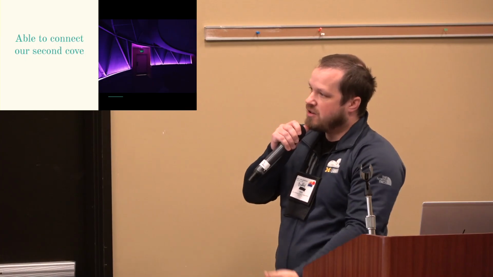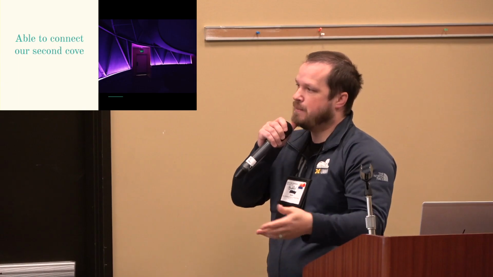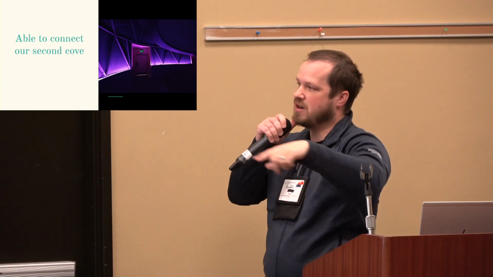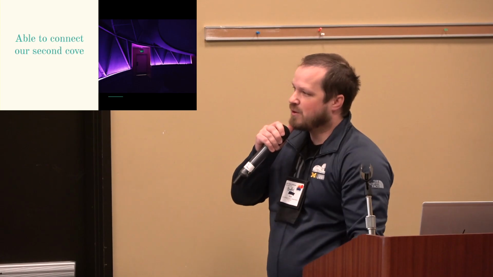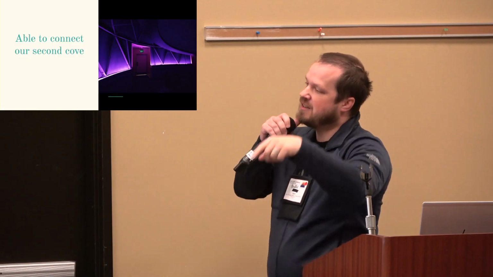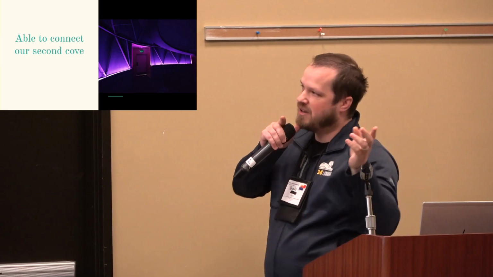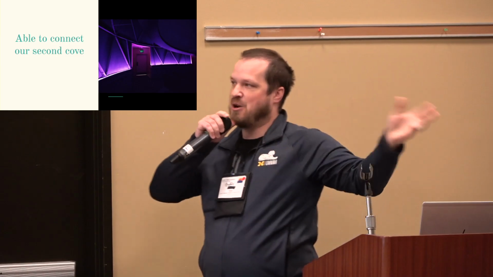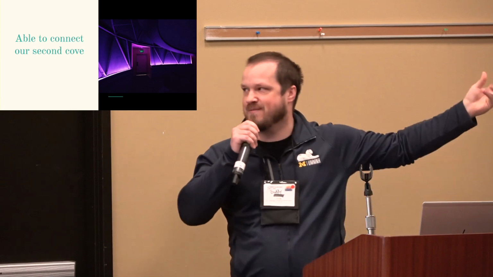They had installed about $20,000 worth of LED lights, but before my time, something about that particular aspect of the project fell through, and they never connected the lights to the system. So I had these great lights but couldn't use them because they weren't hooked up. I was able to connect that second cove to my lighting software. And so now I have independent control of two different coves in my dome, which adds a lot of fun little effect because no one expects the lights to come from behind them.